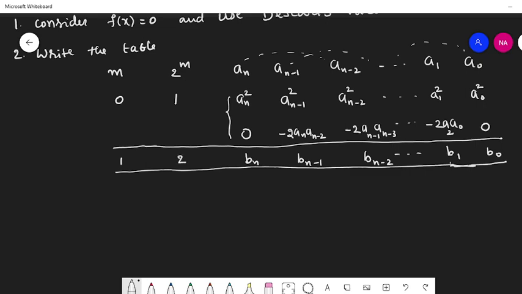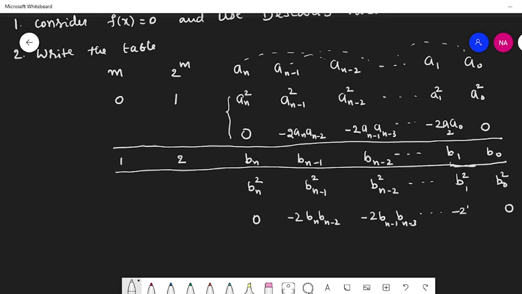Next, you have to repeat the same procedure. Here you write bn square, bn minus 1 whole square, bn minus 2 whole square, and so on, b1 square, b0 square. And here 0 and 0. In this place I have to write minus 2 into bn minus 2, minus 2 into bn minus 1 bn minus 3, and so on, minus 2 into b2 b0.